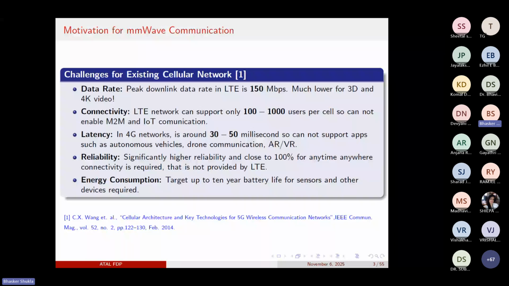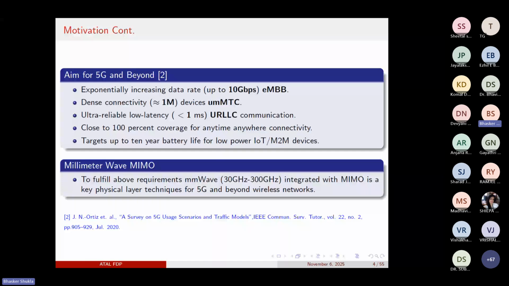So the KPIs for 5G are data rate, connectivity, latency. There are different numbers that I have already discussed. So to meet the KPIs for 5G and beyond, we have to go for a different spectrum as well as a different type of MIMO.